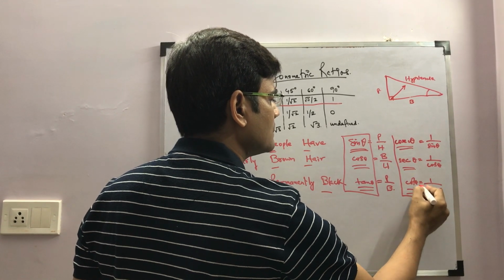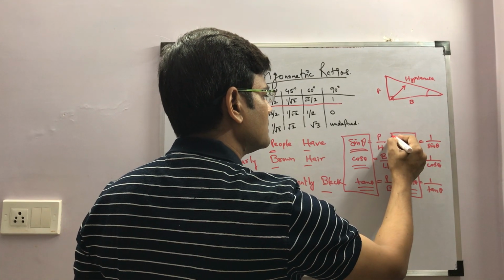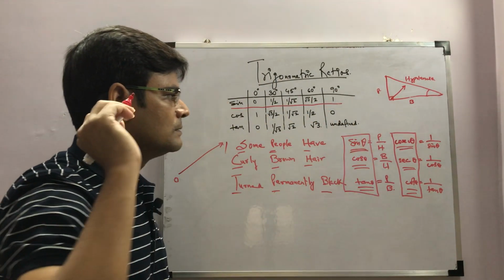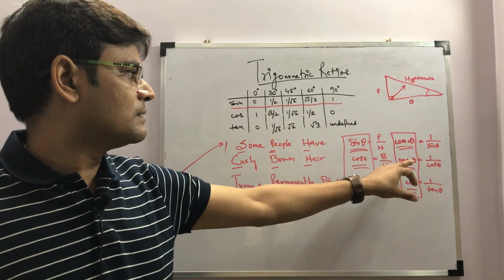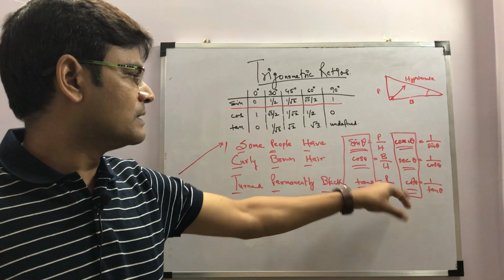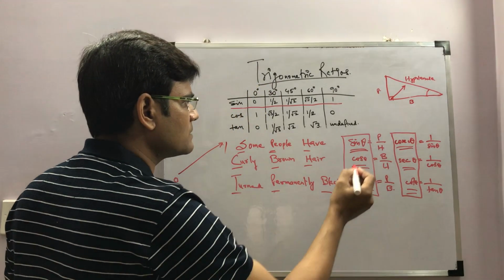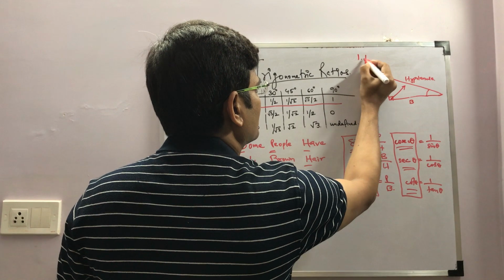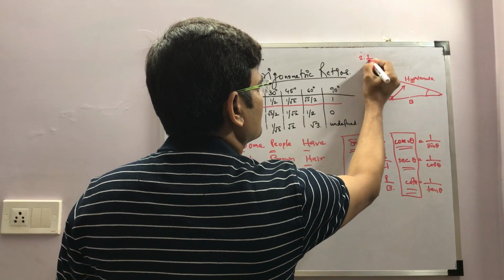Not only in class 10, but in class 11th and 12th too: sin and cosec, cos and sec, tan and cot are reciprocals. If they are reciprocals, 2 into 1 by 2 is 1.